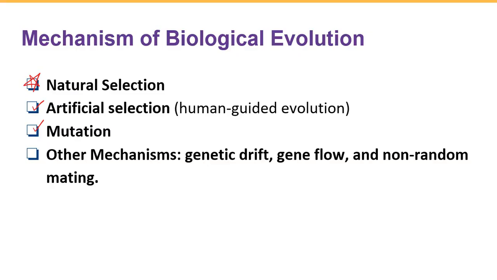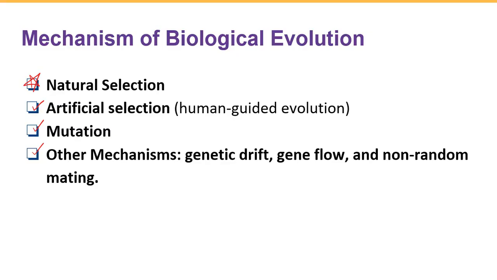And there are some other mechanisms, like genetic drift, which is random changes in gene frequencies, especially in a small population, and then gene flow, the movement of genes between populations, like when animals migrate, or non-random mating, when individuals choose mates with specific traits, changing gene frequencies.